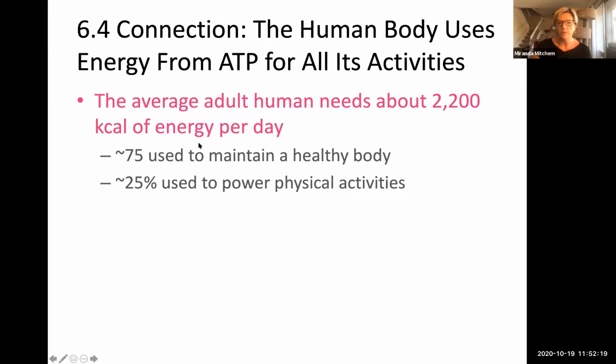So we would lump cellular work into this 75% here. 25% is us moving or running or performing the various physical activities that we wish to do. So we do use the majority of our energy to power the chemical reactions needed to support life.